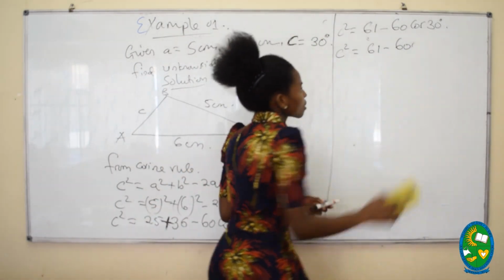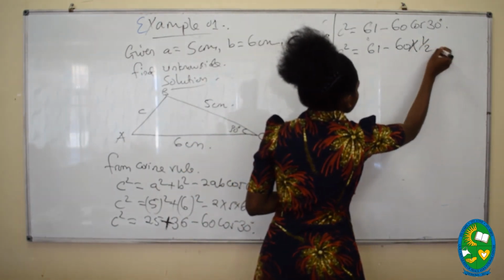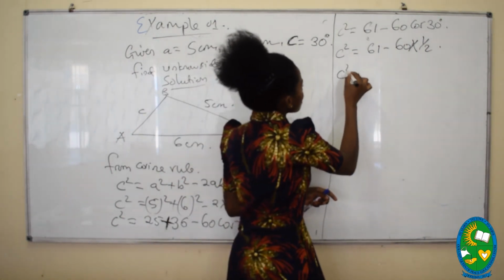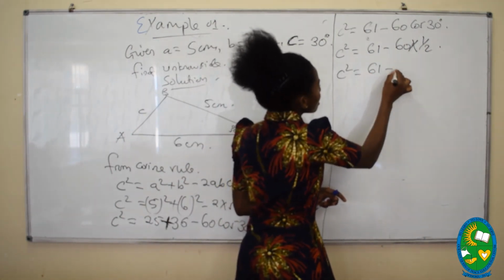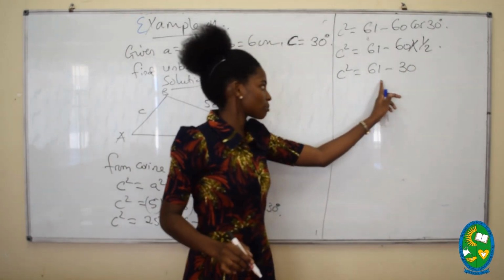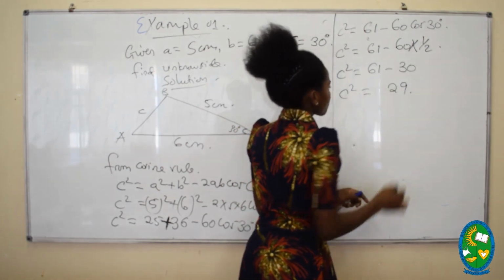Instead of writing cos, we write 60 times half. A half of 60 is 30, so c square equals 61 minus 30. If I subtract, 61 minus 30, we have c square equals 29.